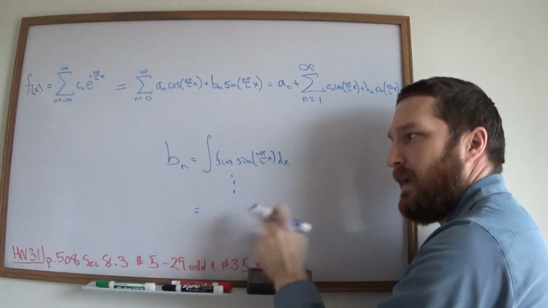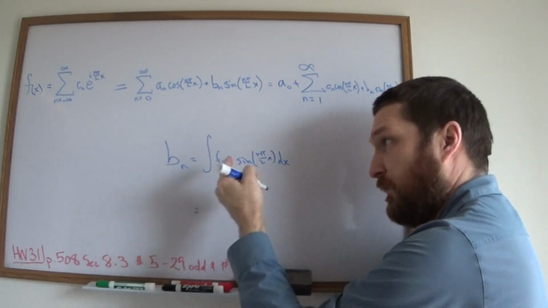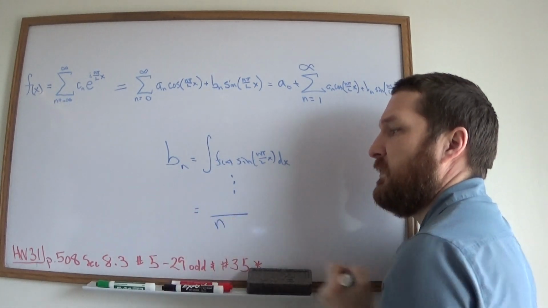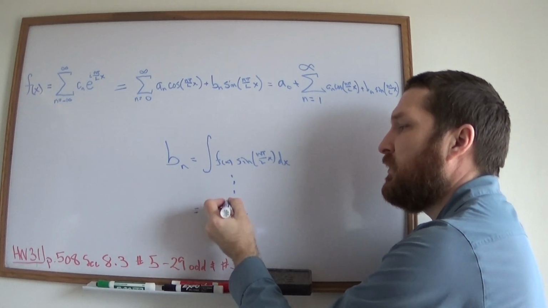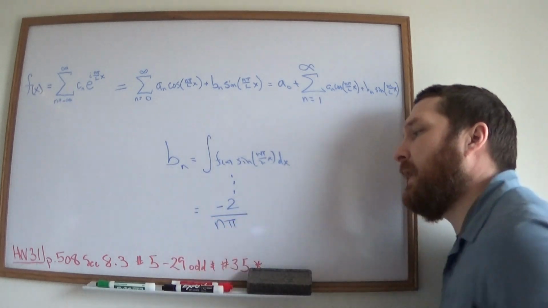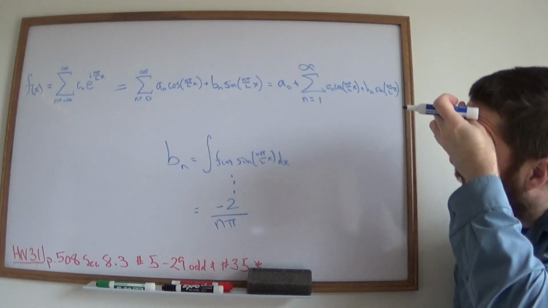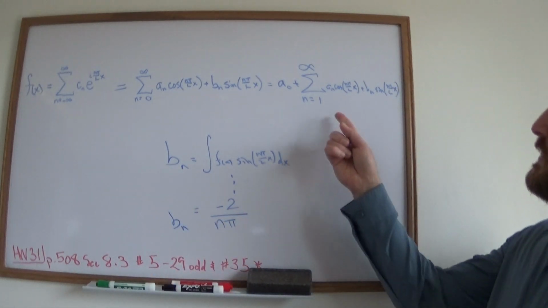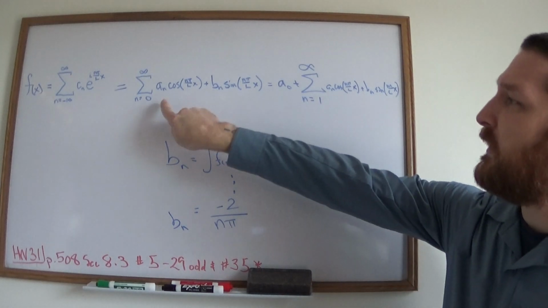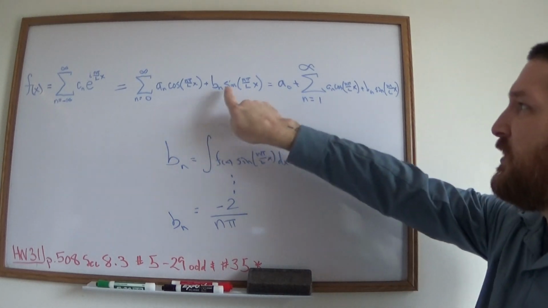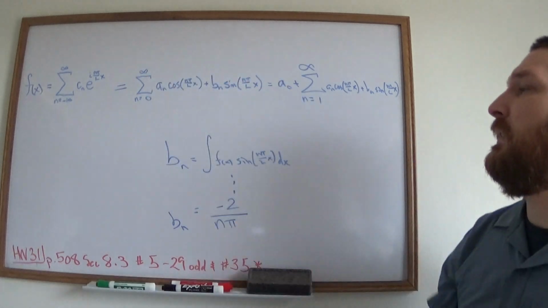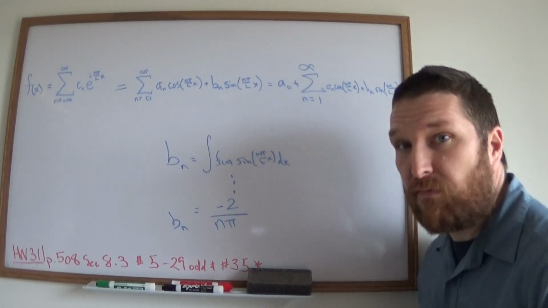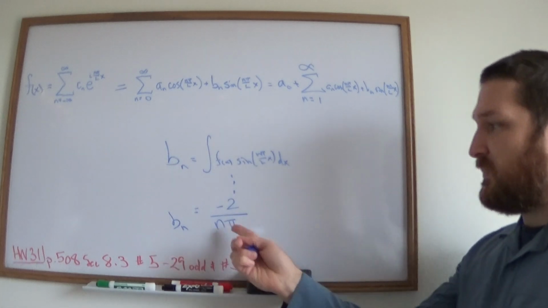What often happens is that this formula has an n somewhere in the denominator. So maybe you find it's negative 2 over n pi. That's your bn right there. And if you just plug that formula into Desmos, Desmos is going to say division by 0. I'm not graphing that for you.